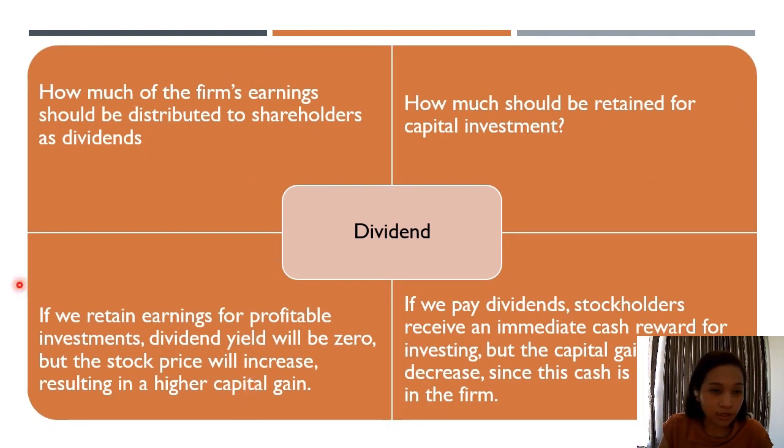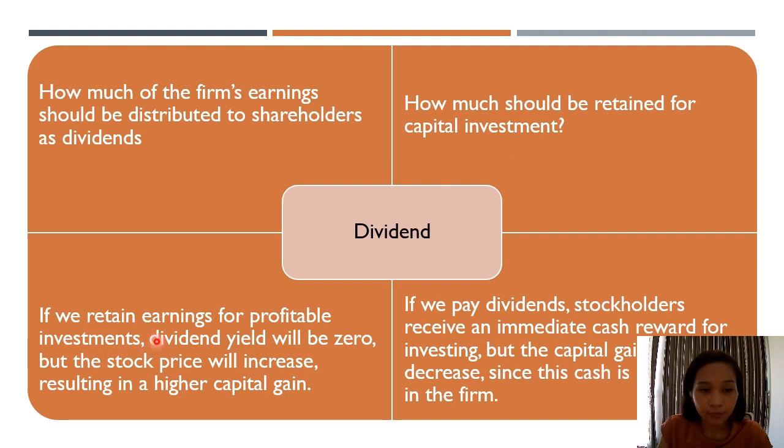Coming to the next course, we were talking about dividends. Practically, there are 4 items that we understand from dividends. It's about how much of the firm's earnings should be distributed to shareholders as dividends, and how much should be retained for capital investment.